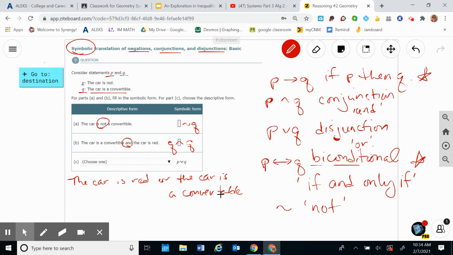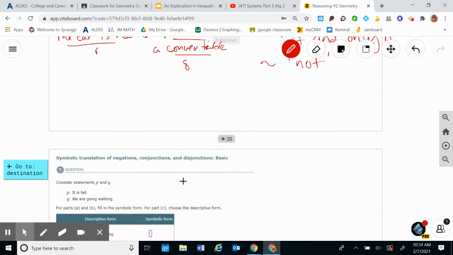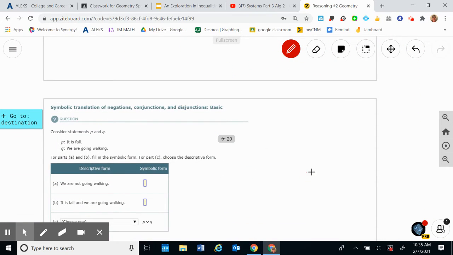Did I spell that right? No, I didn't. I put tibble. Okay, there you go, convertible. Because that's Q. See, this part is Q and this part is P. Get the idea, you guys? It's really just matching. To me, it feels like matchy. Just match the pieces. Okay, this is one for you guys.